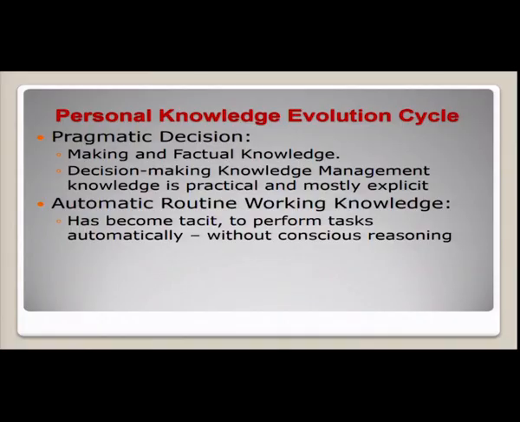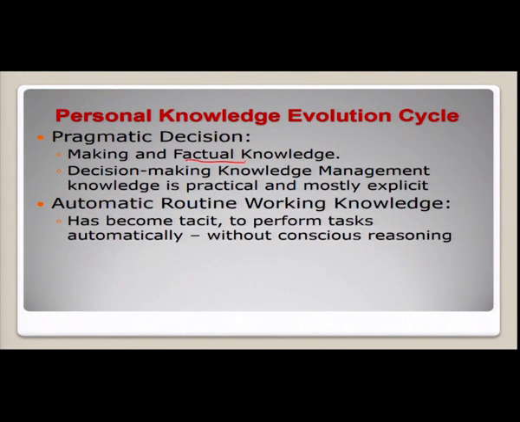How does he identify the correct model? He will identify the correct model based on the past experiences he had in working with different sets of projects. So, this is about the personal knowledge evolution cycle. Now, about the pragmatic decision. What is a pragmatic decision? Getting the facts and implementing those facts is called the pragmatic decision.